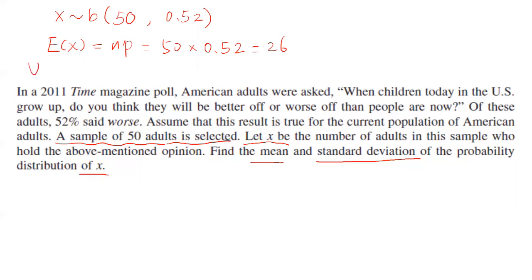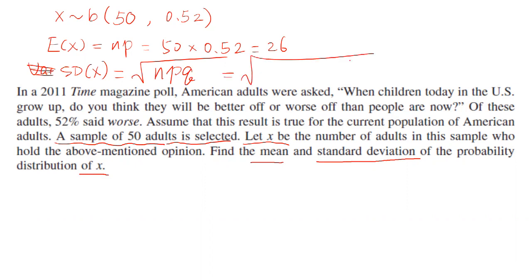Then it asks you to calculate the standard deviation of X. The standard deviation of X is the positive square root of NPQ, which is the square root of 50 times 0.52 times 0.48, which is approximately 3.5327. Any questions?